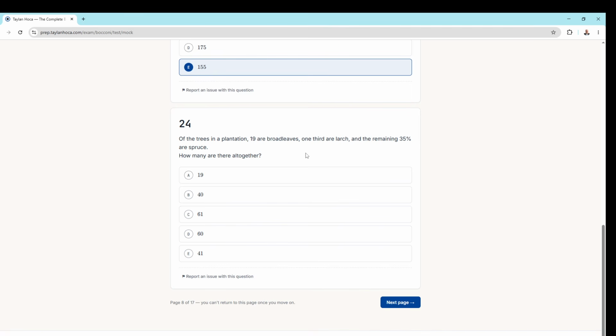So let's do 1 over 3 plus 35%, which is 35 over 100, divide by 5, 7 over 20. So 1 over 3 plus 7 over 20, which is 20 here, 21 here, 41 over 60. So the other two, their share was 41 over 60, and we are left with 19 over 60. So 19 over 60 is 19, so we have 60 altogether, right?